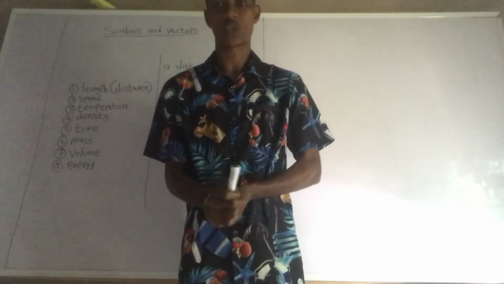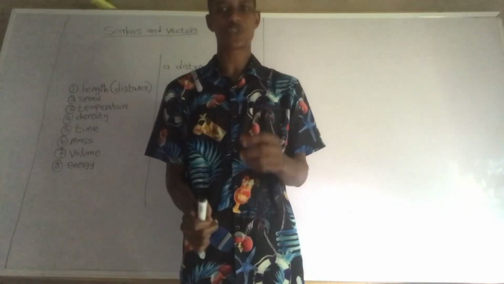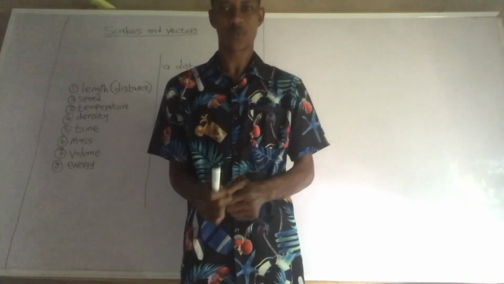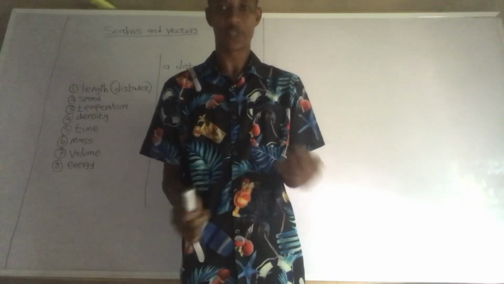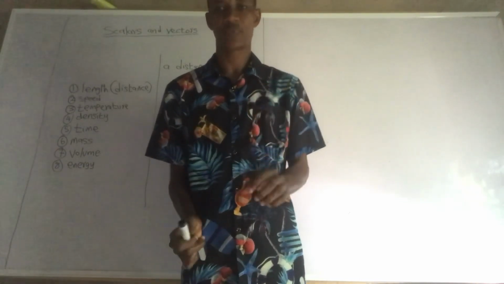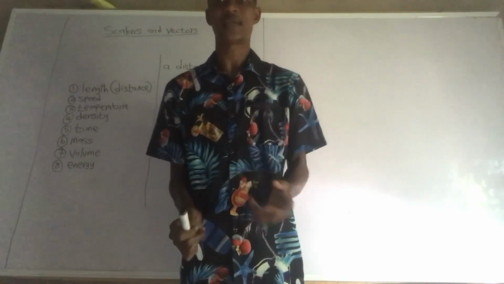Now let's start with the concept of scalars. Many measurable physical quantities we encounter in our study of physics today have only numerical values or numbers attached to them. Such quantities can only be described when their magnitude or sizes are known.